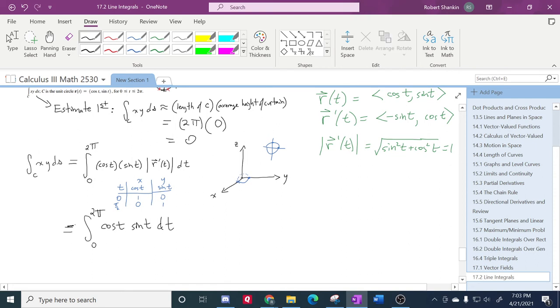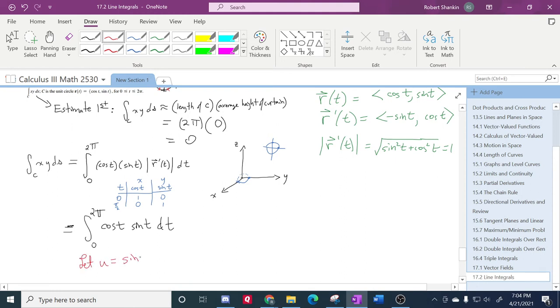Suggestion, how do I evaluate that? Anybody? Maybe integration by parts, or u substitution, since you can have u equals sine t, and then du equals cosine t dt.